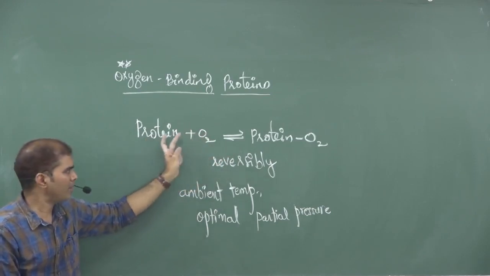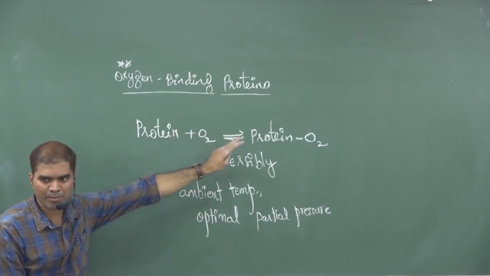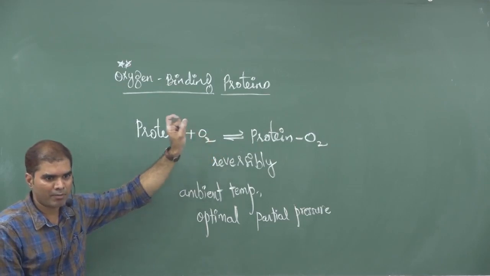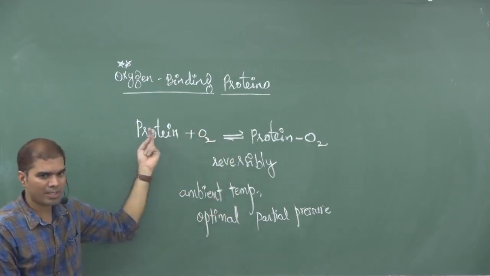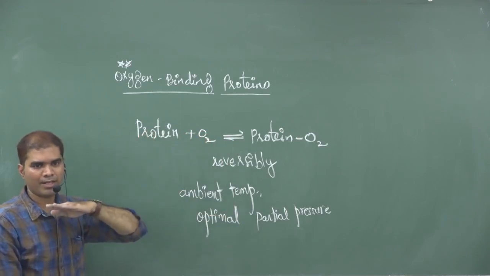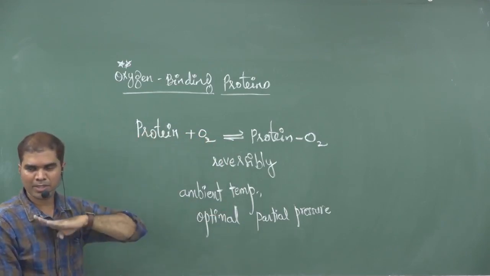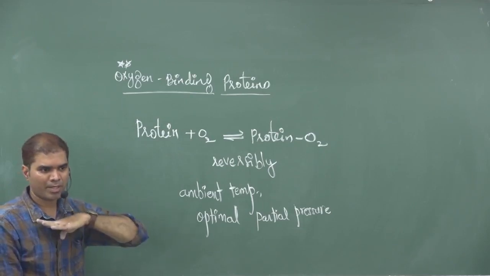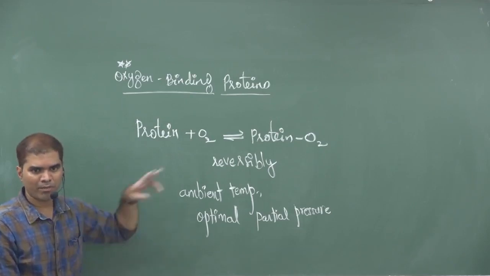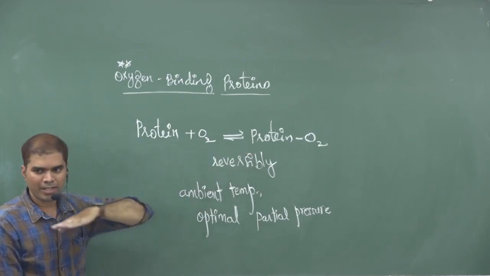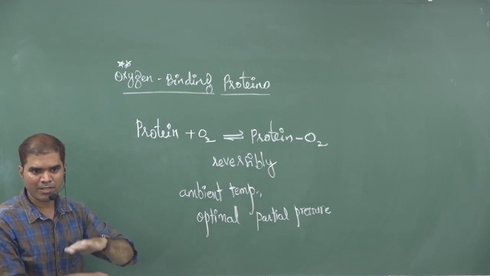Reversibly means protein will combine with oxygen and form a complex at one particular partial pressure. Once that partial pressure of dioxygen drops, the reaction will be reversed. Suppose I am inhaling; at the lungs the partial pressure of oxygen will be very high. So the hemoglobin protein will bind to oxygen and form a complex, which will be taken to the tissue or cellular level.